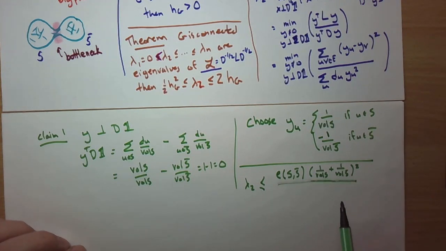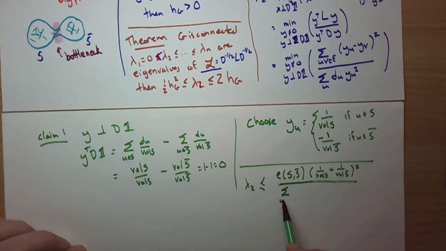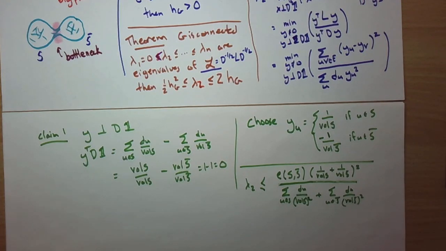Downstairs, well, we're going to get the sum, and we'll split into two parts, u in S, and we'll have the degree of u over volume of S squared, and then plus the sum over u in S complement, degree of u over volume of S complement squared. All right?